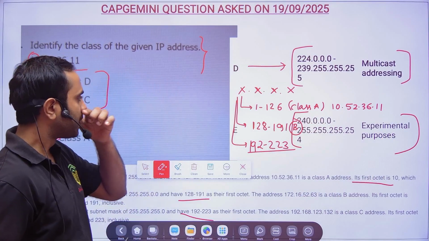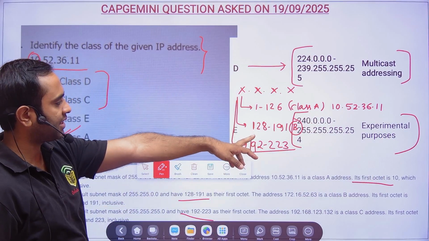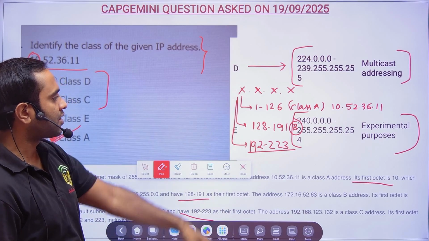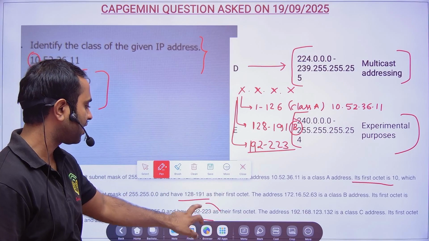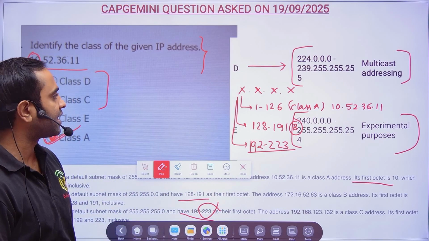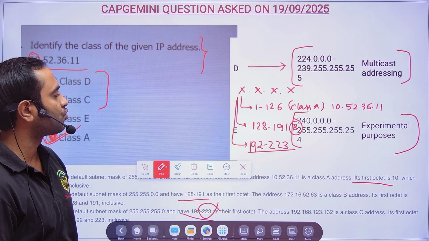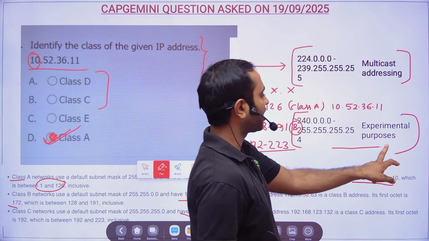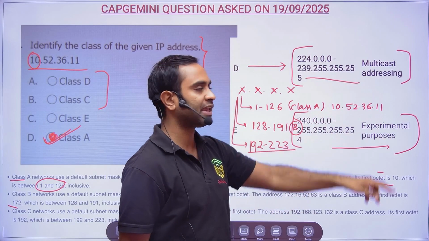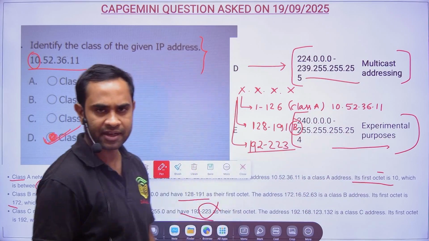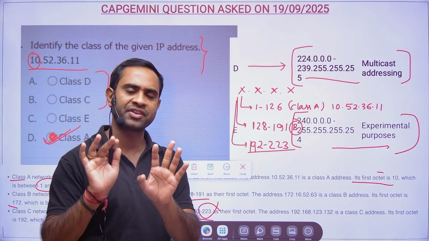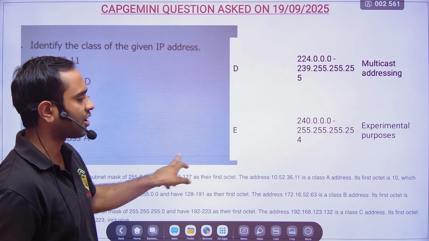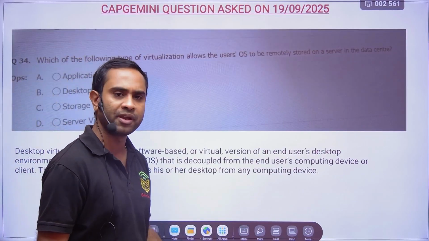You can see how it starts: class C ends with 223, class D starts with 224, and class E starts with 240. Class E is reserved for experimental purposes, and class D is used for multicast addressing. Now class A, B, C, D, E are all clear. Keep that in your mind, so if the question comes in the exam, you will be able to answer.